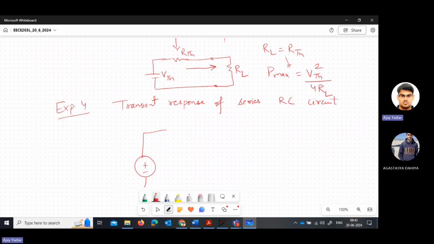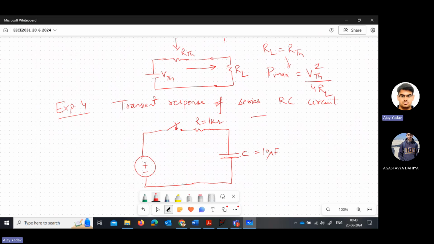Generally, when we teach in the theory part, we say that you have a DC voltage and then you have a switch here. Okay. Then you have a resistor and capacitor. Suppose that the resistance value is 1 kilo ohm and capacitor value is 10 microfarad. So there is one term called time constant.